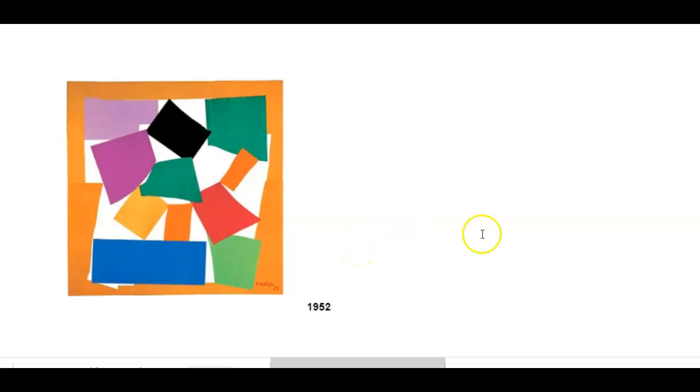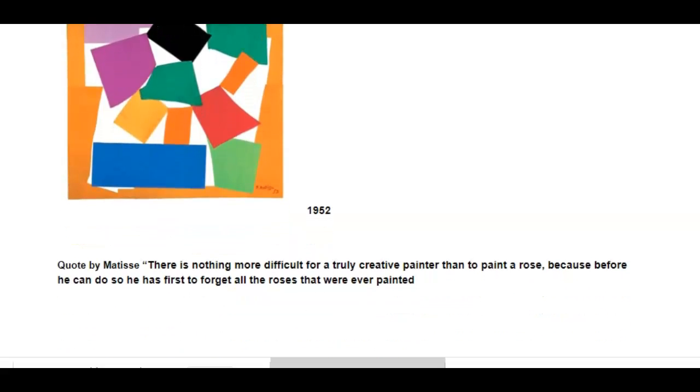So looking at this and then looking at the other work, especially the three paintings in the beginning that I showed you, or do some more research on your own, I need you to tell me, what do you think Henri Matisse meant when he said, there is nothing more difficult for a truly creative painter than to paint a rose, because before he can do so, he has first to forget all the roses that he ever painted.